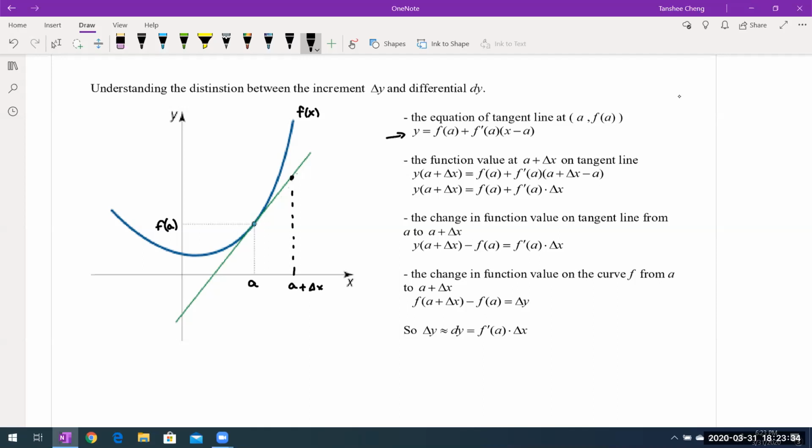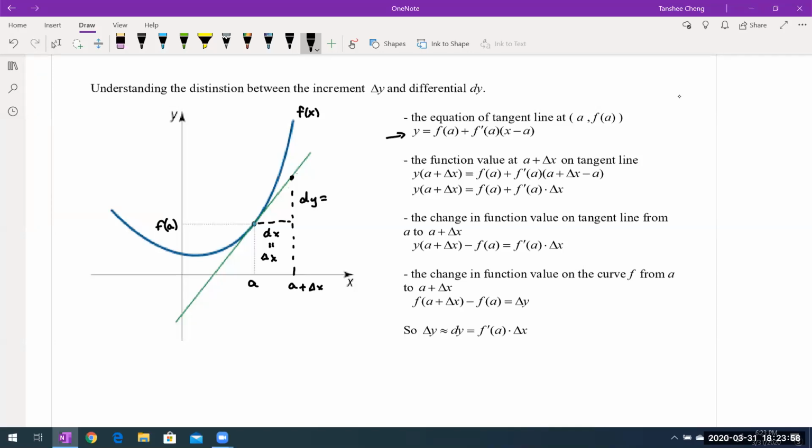So from before, we know that, right, the change in x for this tangent line, we have differential of x, which is equal to delta x. The change in y values on the tangent line, which is from a to a plus delta x, that is talking about the differential of y.